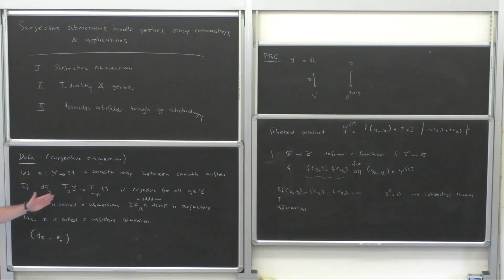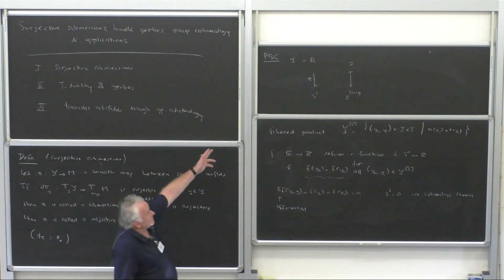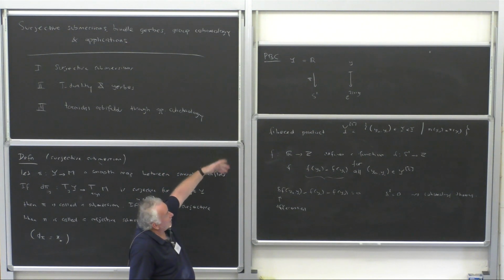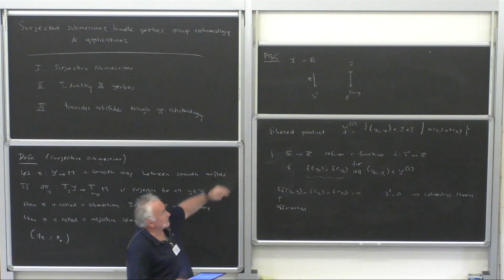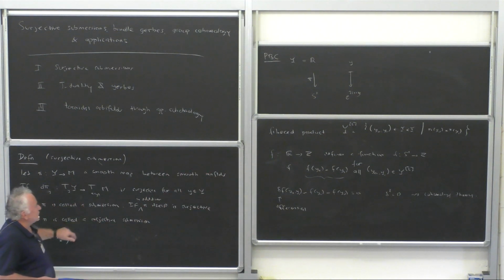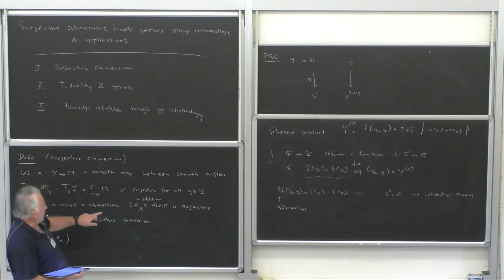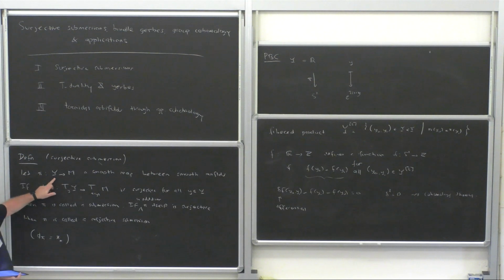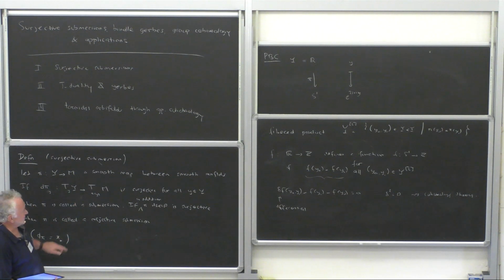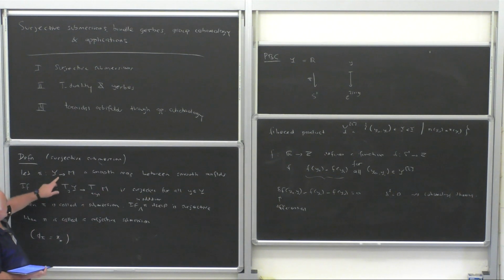What I'm trying to do there is to basically represent all the points and differentials on S1, or more generally on M, in terms of things on Y. So if the map is surjective, then of course every point in M is represented by at least one point in Y. But if the differential is surjective, it means that all vector fields on M can at least be obtained by a vector field on Y. So basically these surjective submersions contain all the information about the points in M, but also about the vector fields, but sometimes in multiple ways.